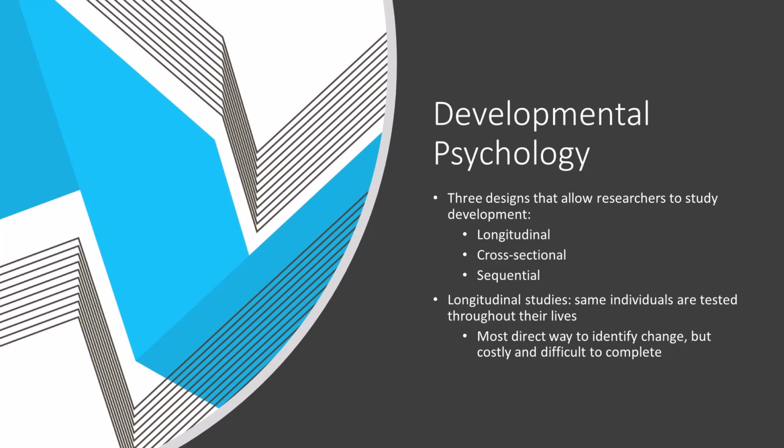There could also be cross-sectional designs where you have people who are at different ages, but at the same time, and you put them into cohorts. So you might have a cohort of 70-year-olds, and a cohort of 30-year-olds, and you might compare them. Or you could have what we call sequential studies, which are more complex, and they're kind of a mix of cross-sectional and longitudinal methods.